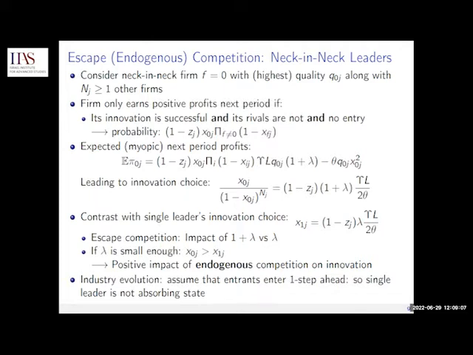And then of course you're going to pay for your innovation cost, all right? And so the first order condition that determines your innovation effort is going to look like this, okay? And just contrast this to the one where it's just a single leader, the single monopolist, that looks like this, okay?